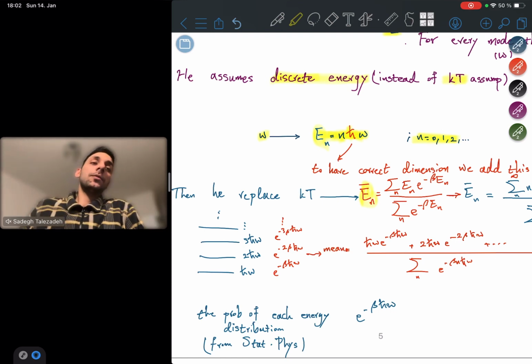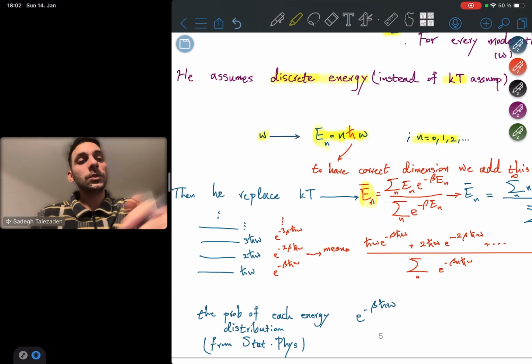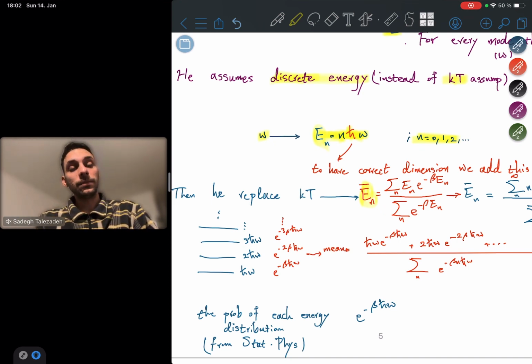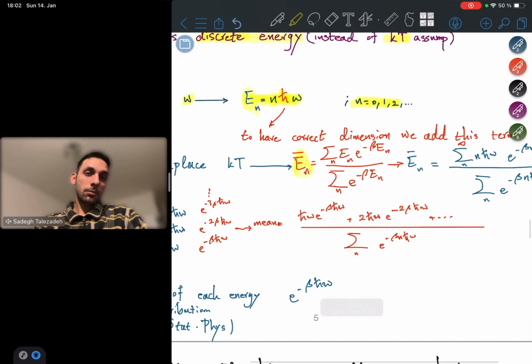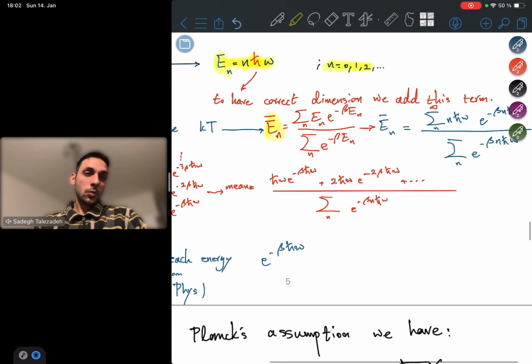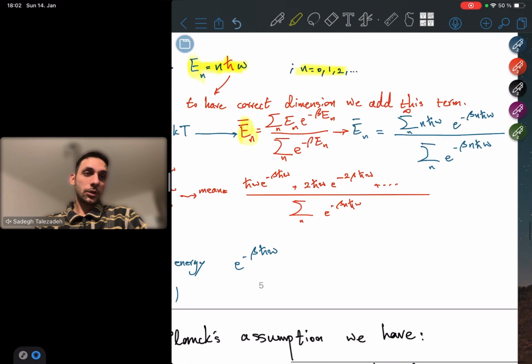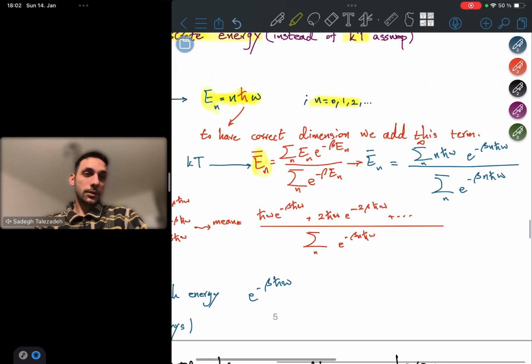So instead of playing with kBT, now we want to find the average energy for our case, which is n h bar omega. So if we do this calculation, we find the mean average. We reach a function like this.